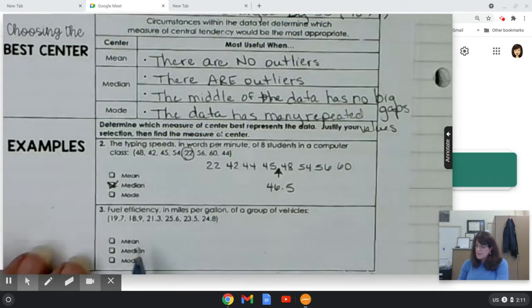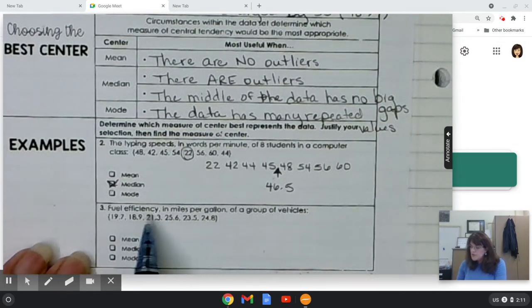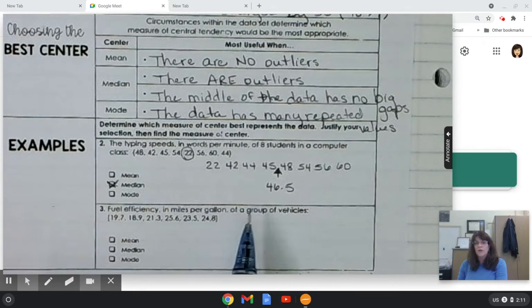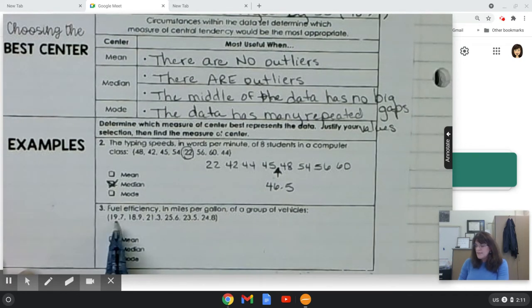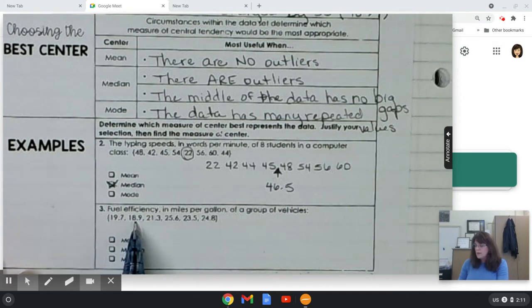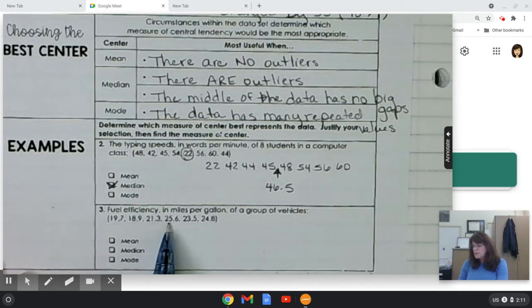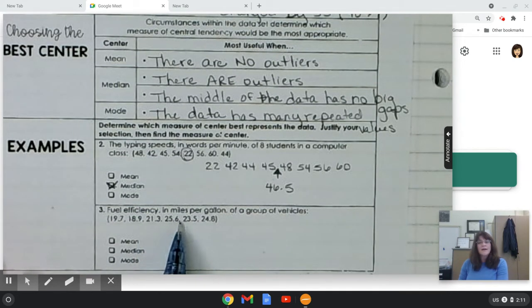But here's another example. Fuel efficiency in miles per gallon in a group of vehicles. So I go car shopping, and I'm looking at some sedans. I looked at an Audi and a Toyota and a Honda and a Hyundai. And one of them got 19.7 miles per gallon. One got 18.9, 21.3, 25.6.